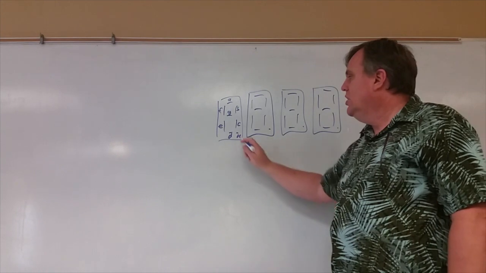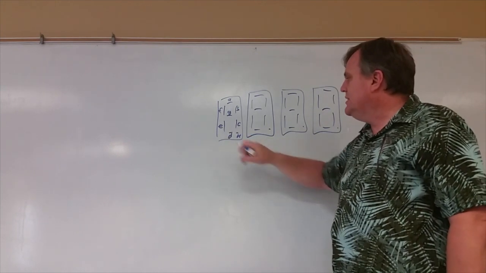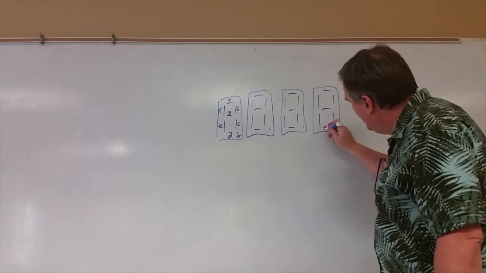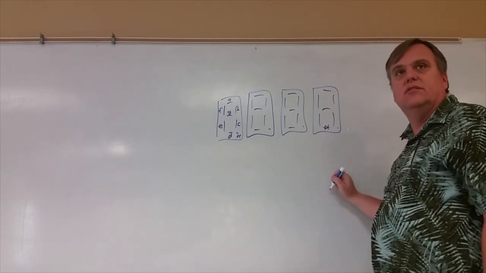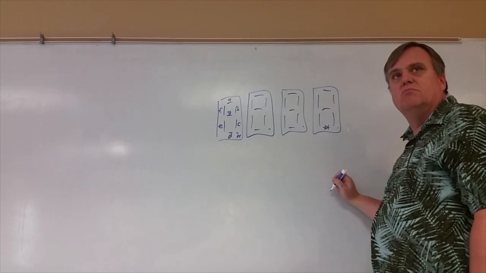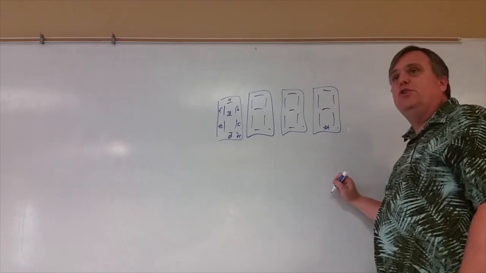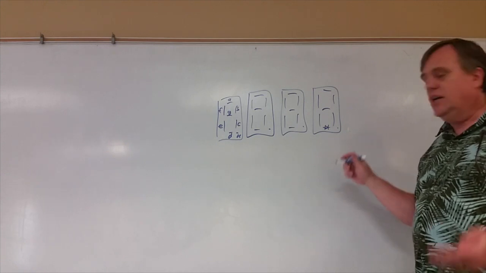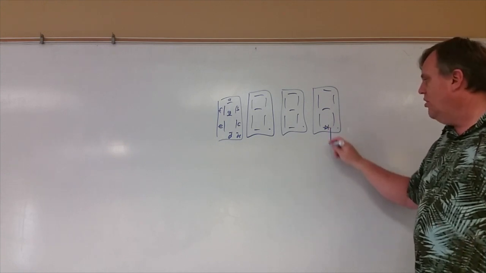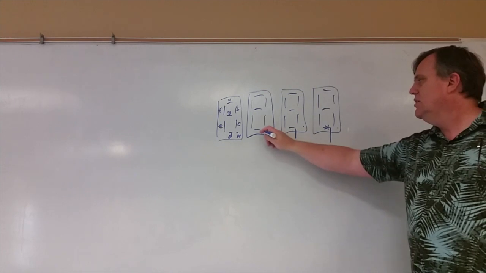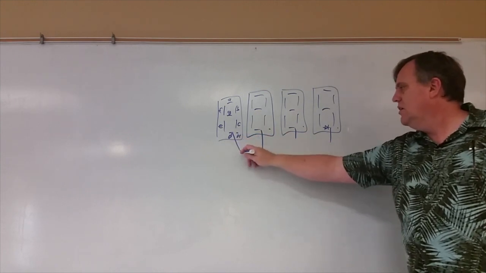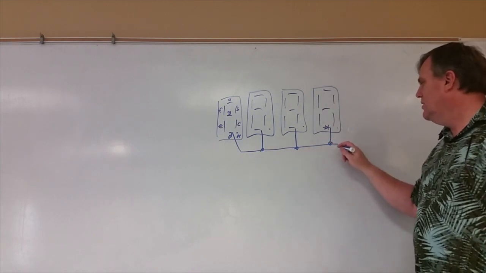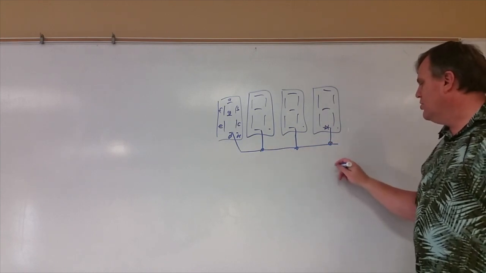Right? So, if I were to look at this, this right here is actually an LED. Right? So, if you get current flowing through this, it's going to light up for me. So I hook all of my ones together, and I have to hook them to ground.